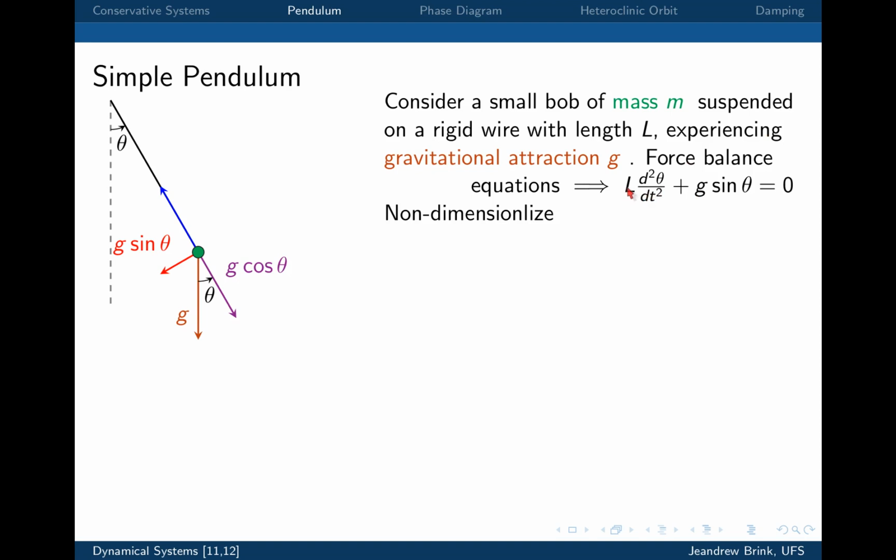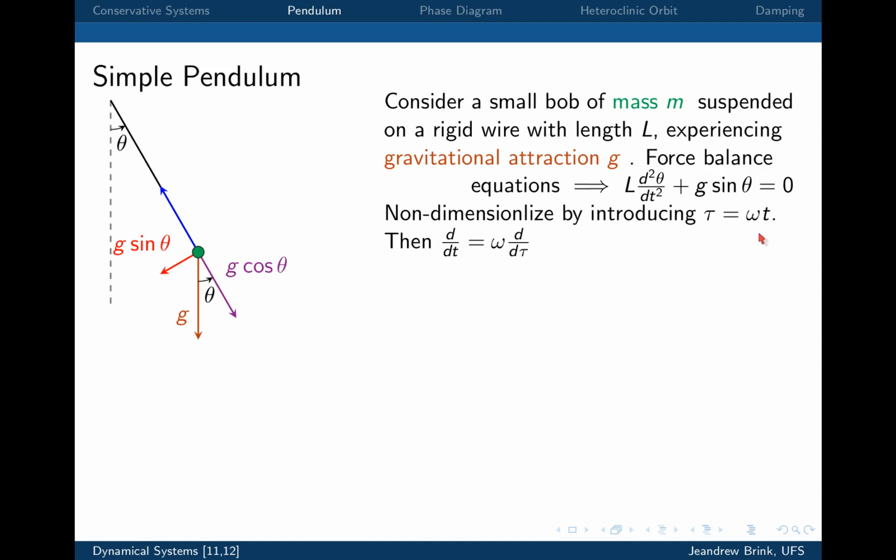So the one thing you can do is you divide by L, so it's g over L, so we effectively have one constant that we're going to want to get rid of. And the way we do that is we can introduce a new time, omega t, and choose that wisely, and then we can get rid of all the constants, in fact. So we introduce a new time that we're going to call tau, which is equal to omega t.